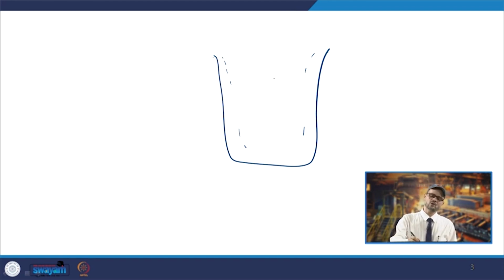You are also likely to have centerline shrinkage, and solute redistribution kind of defects are also likely to be there. There will also be certain other kinds of casting defects. So, you have to get rid of these.